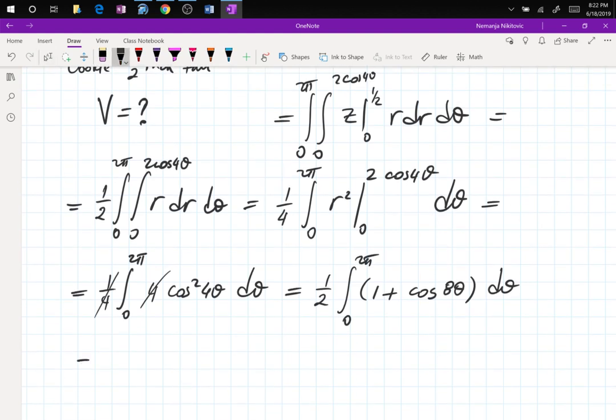And now I can finally integrate this: 1/2 times the integral of 1, which is just theta, and then the integral of cosine is positive sine, and I have to divide by 8. So plus sine 8 theta divided by 8 from 0 to 2 pi. Now sine at any multiple of pi is always 0, so the whole term dies, and the volume of the entire cookie would be pi inches.